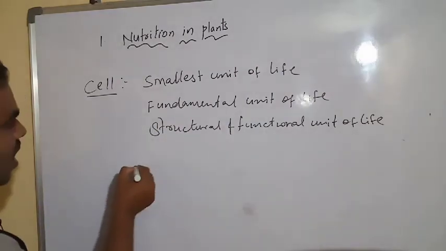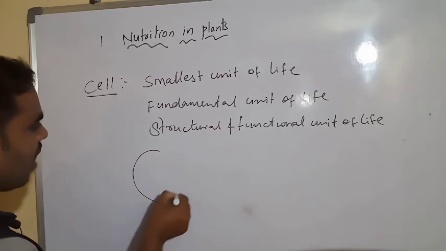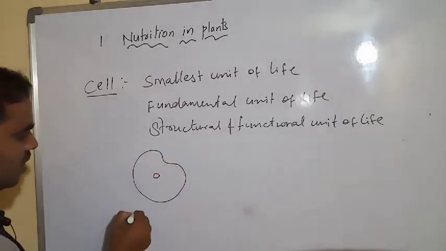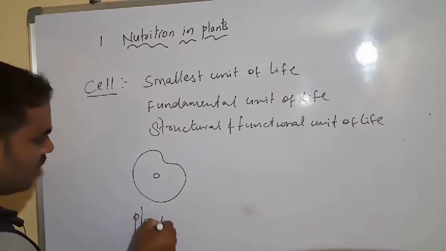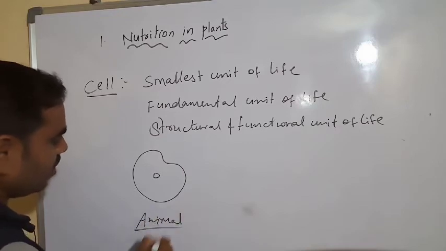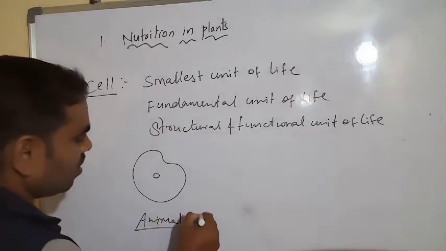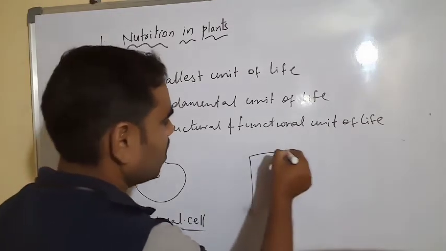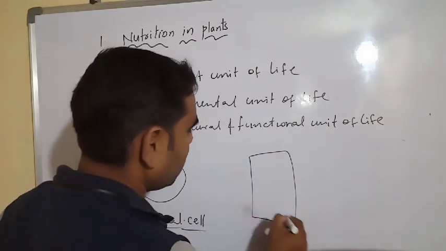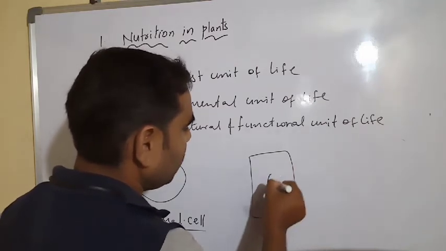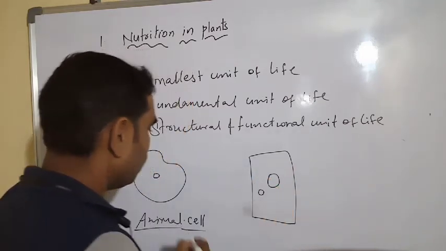Now we have to see the plant cell and the animal cell. Sorry, this is an animal cell. Cells are of two types: animal cell, and this is a plant cell. The plant cell has a vacuole and nucleus.